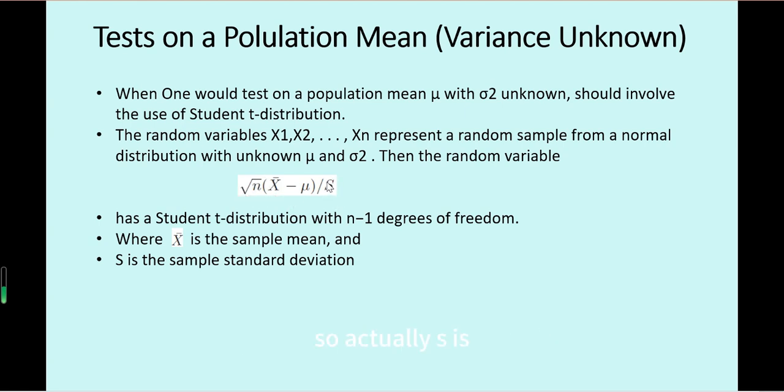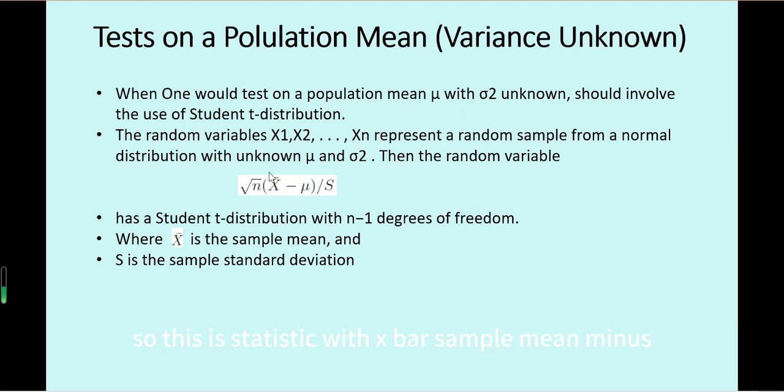Here s is the sample standard deviation, which is the square root of the sum of squared deviations of each sample value from the sample mean x bar, divided by n minus 1.